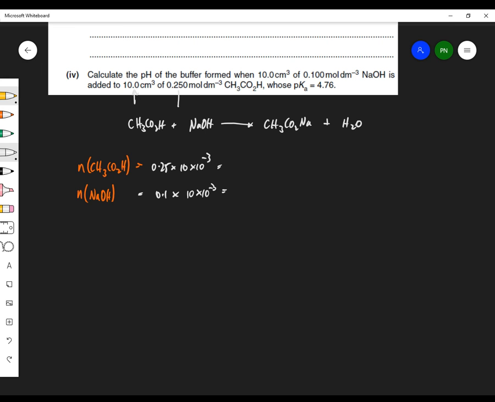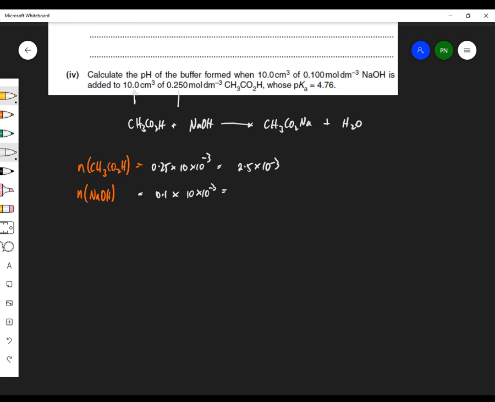Let me do this, 0.25 times 10 to the minus 3, and that gives me 2.5 times 10 to the minus 3. Okay, I should use 3 sig fig, but I'm going to use 3 sig fig when it really matters. All right, and the number of moles of alkali is 0.1.